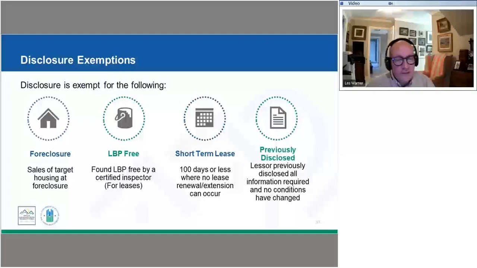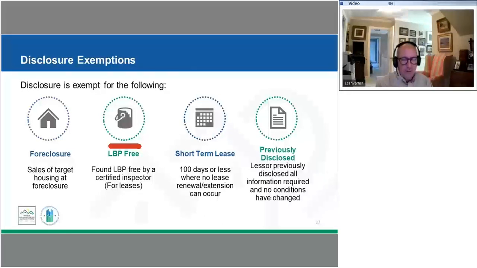And so we had some questions, and this relates to what Chris was talking about earlier, about when might I be exempted from having to make the disclosure? And the key one that we talked about, and a lot of these questions were related to, was when we had a lead-free unit.